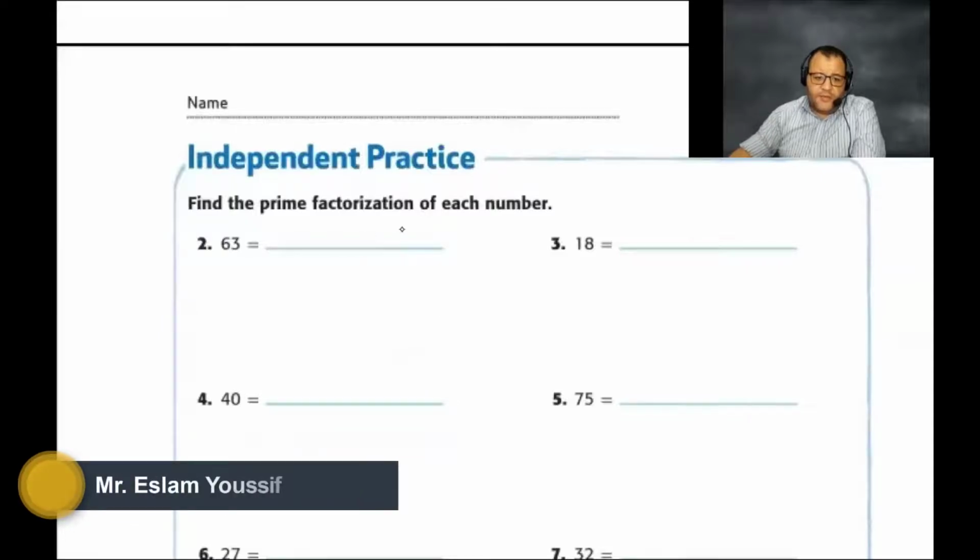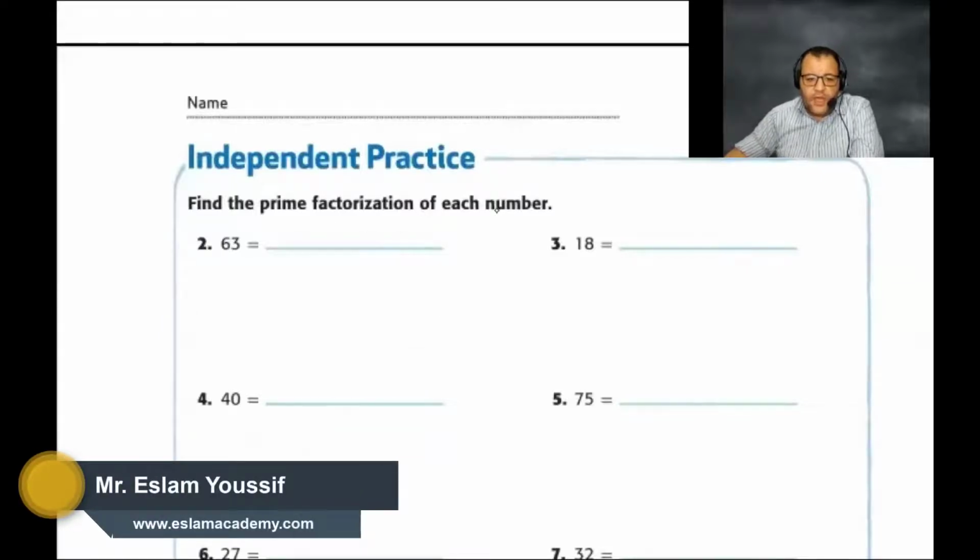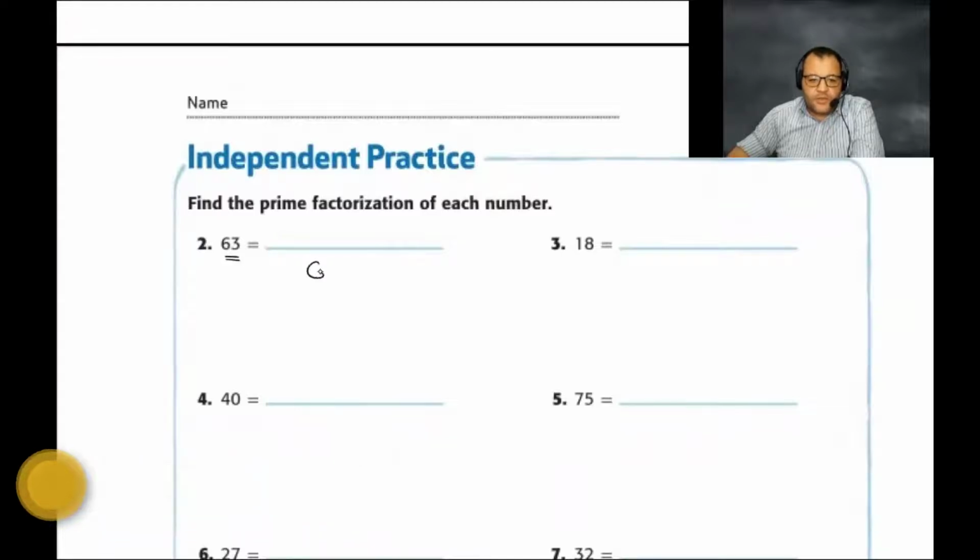I need to find the prime factorization of each number, for 63. I need to find the prime factors of 63. Question number 2. I need two numbers. If you multiply them, the answer is 63.